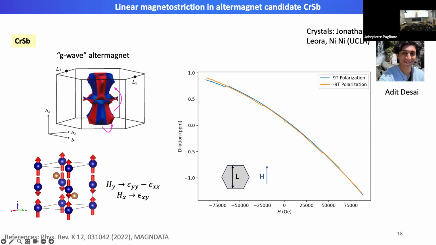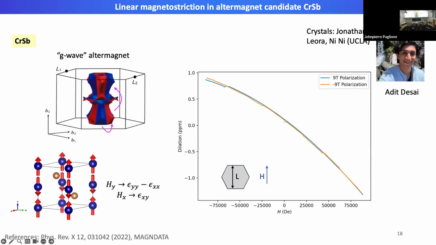So you can see that we've seen a strong magnetostriction effect that has both a quadratic and a linear component, and the linear component is consistent with the piezomagnetic effect we've been talking about. So our next step is to try to find a way to control the antiferromagnetic domains here, and hopefully we'll be able to show you that the piezomagnetic effect can reverse sign as we control these antiferromagnetic domains.